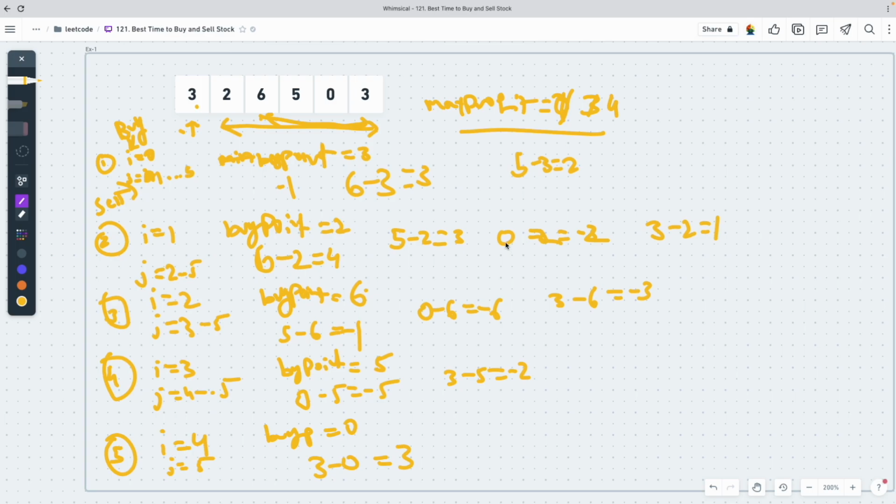Out of all the iterations, our result is 4, which is 6 minus 2, these two numbers. Let's try and write code for this approach and see how it performs.